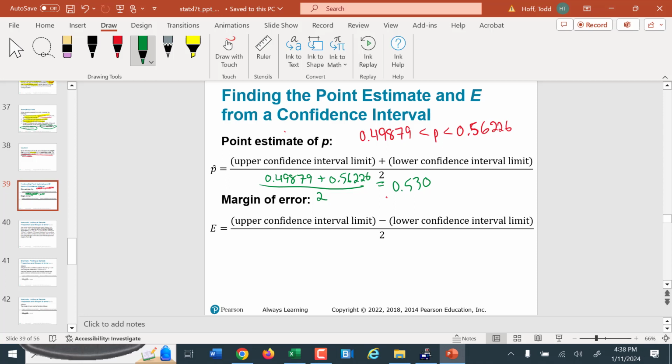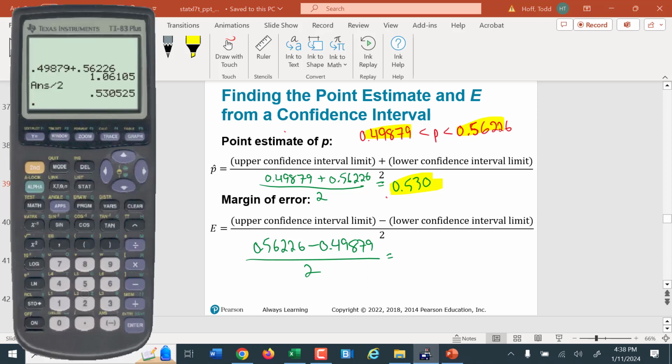And then to get our margin of error, we could, of course, just take this and subtract the lower limit, or take the upper limit and subtract that point estimate. Or we can just take the upper limit, 0.56226, minus the lower limit of 0.49879, and divide that difference by 2.